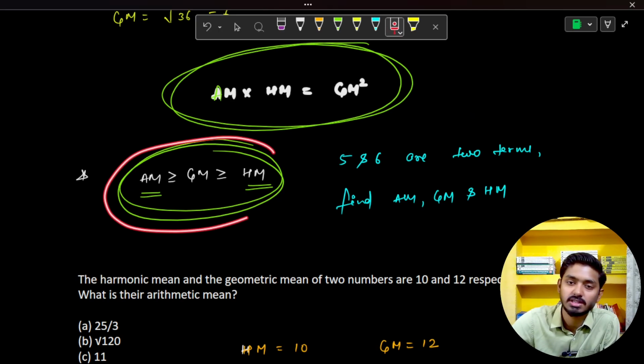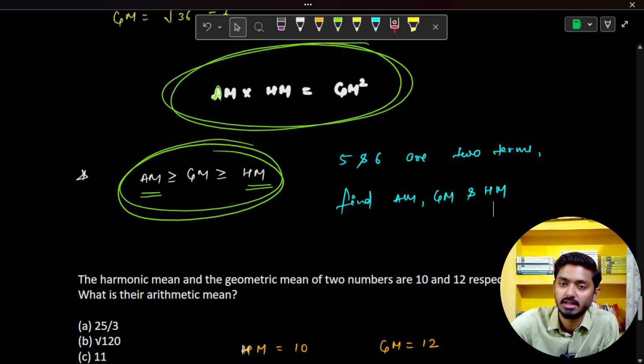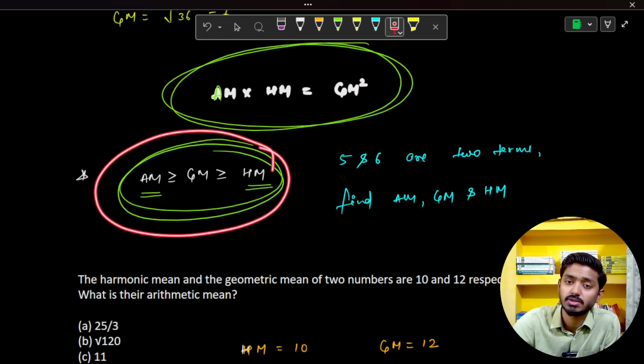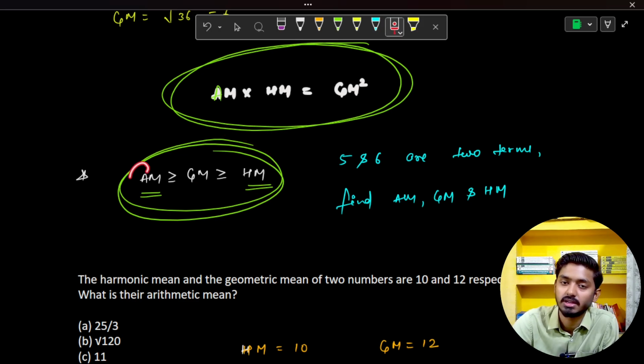Just take the option which says AM is the highest and HM is the lowest. Remember this. If you forget this sequence, you at least know AM, GM and HM, so just count it alphabetically. A, then comes G, and then comes H. So that will be the sequence, very simple.